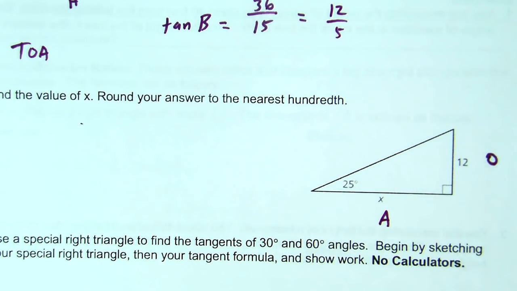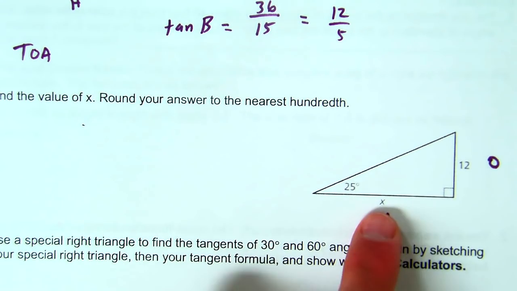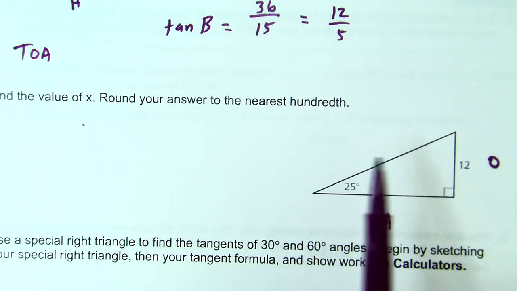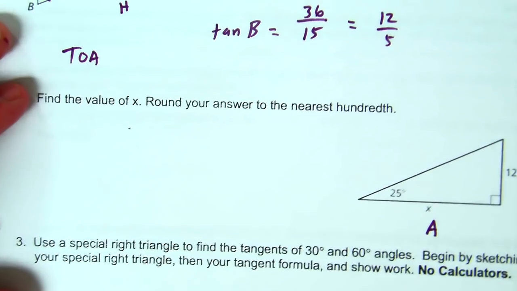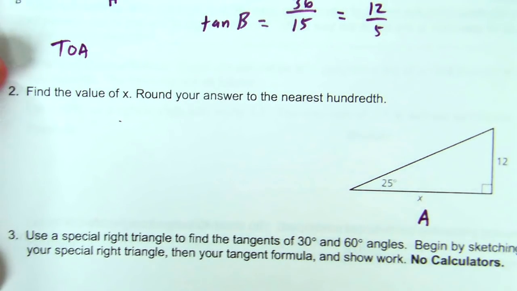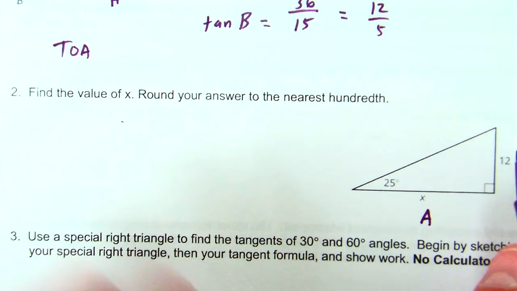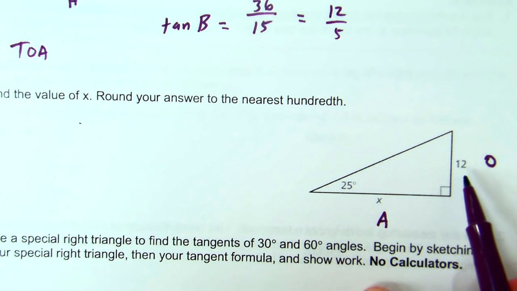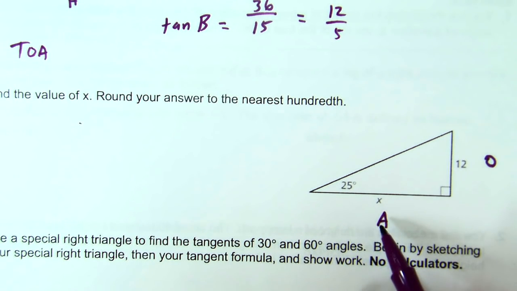Right now, I can't use the Pythagorean theorem because I don't know this side. The only way that you can solve for this is by setting up a trigonometric ratio. And the reason that I need to use tangent again is because I know my opposite side and I'm solving for my adjacent side.